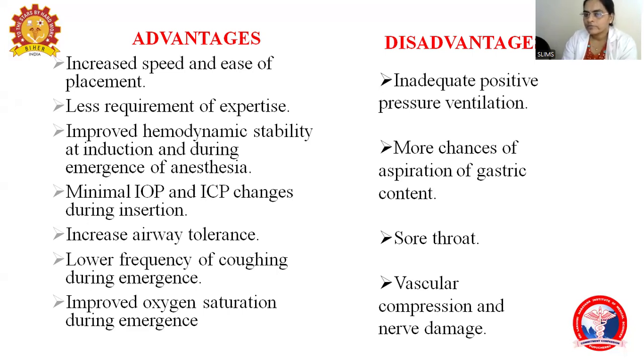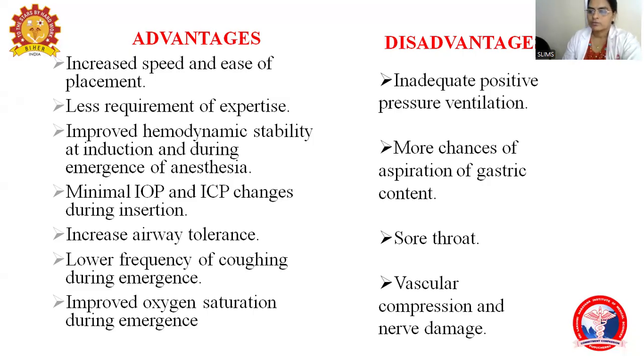Based on the different generations, you have to know all the differences between classic LMA, ProSeal LMA, iGel, Baska mask, laryngeal tubes, laryngeal airway exchangers, SLIPA. Each one is modified accordingly.